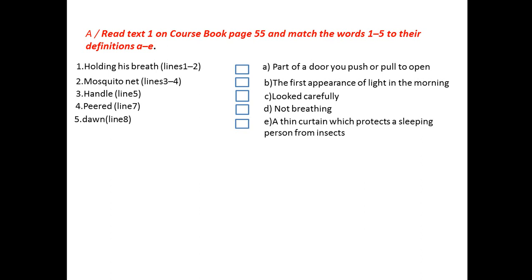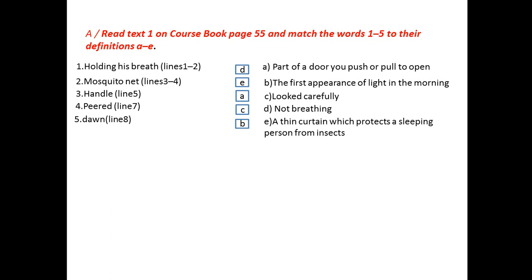Let's answer together. As you see, this is the answer of this exercise. Number 1, D, not breathing. Holding his breath, not breathing. Number 2, mosquito net.